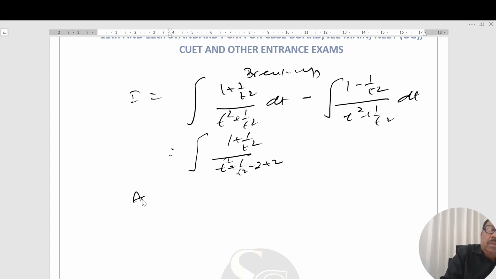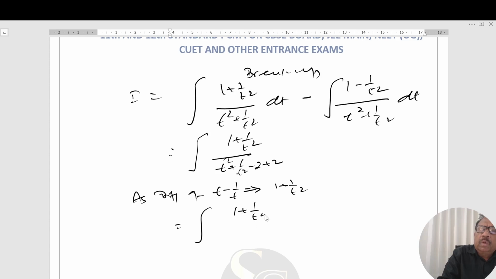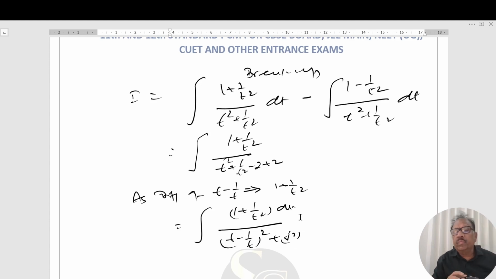Now, as the differentiation of t minus 1 by t is 1 plus 1 over t square, this comes out to be the integral of 1 plus 1 over t square dt upon t minus 1 by t whole square plus root 2 whole square.